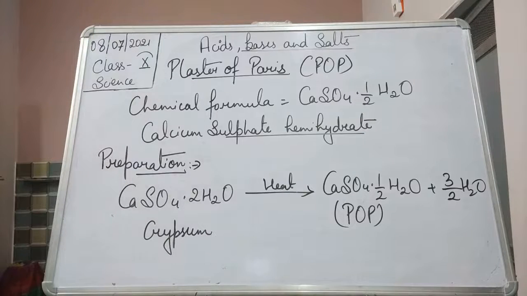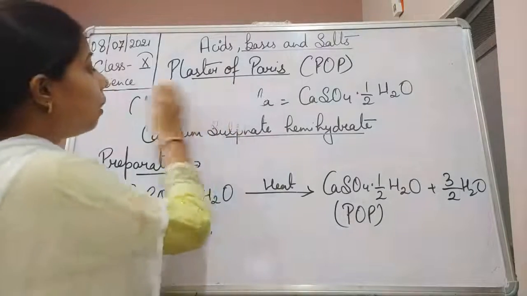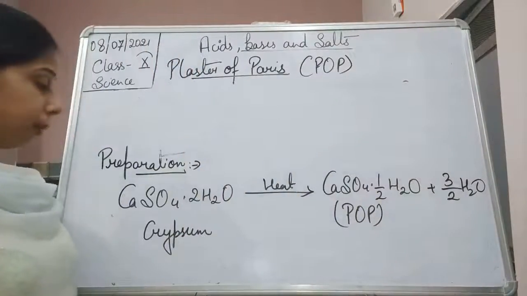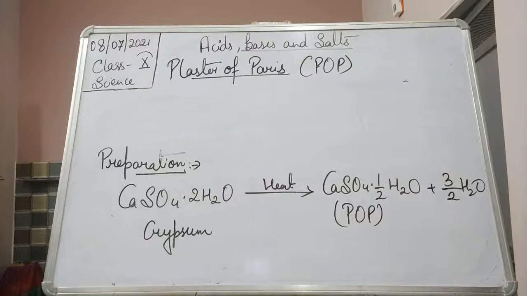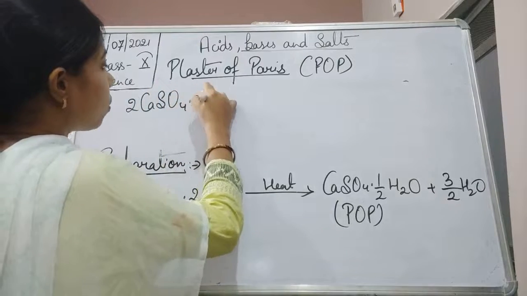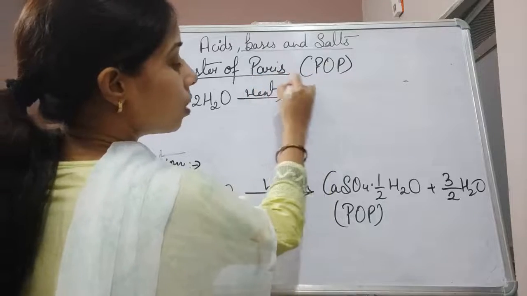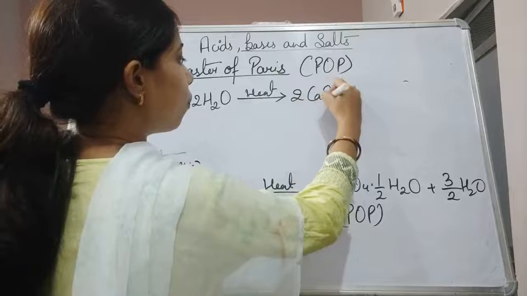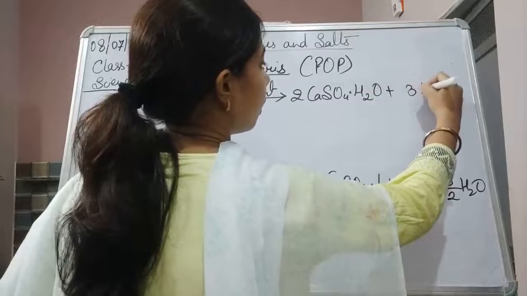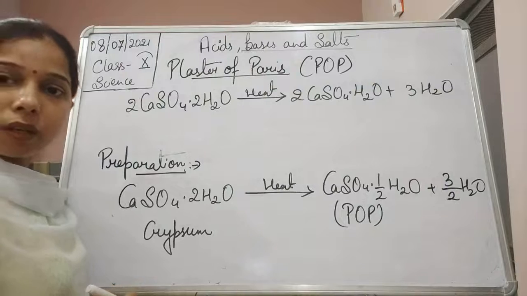This reaction can also be written when we multiply all the compounds by 2. Then we get 2CaSO4.2H2O, and on heating this produces 2CaSO4.H2O plus 3H2O.